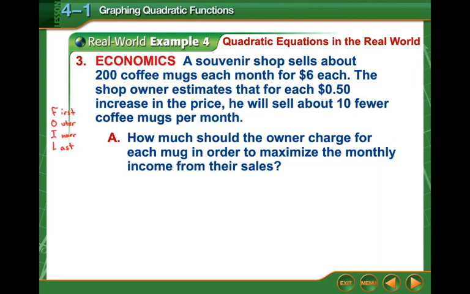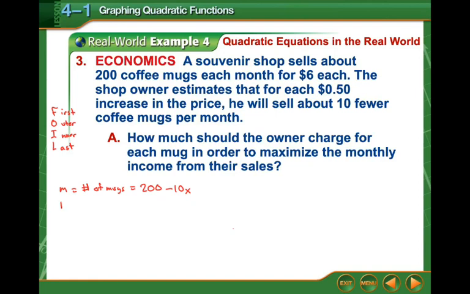We know that he has M, which is the number of mugs, which he knows that he typically sells 200 a month, and that if he decreases or increases the price, he's going to lose 10 for every 50 cents he drops or raises the price.